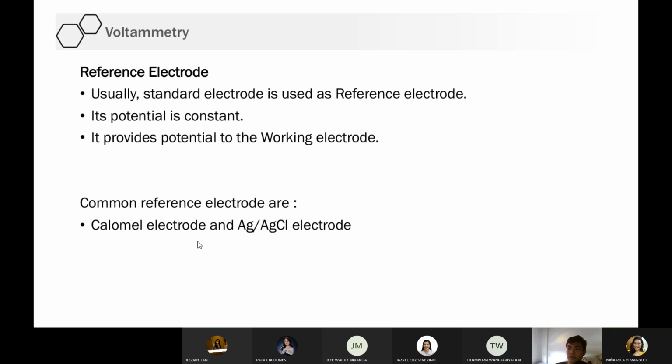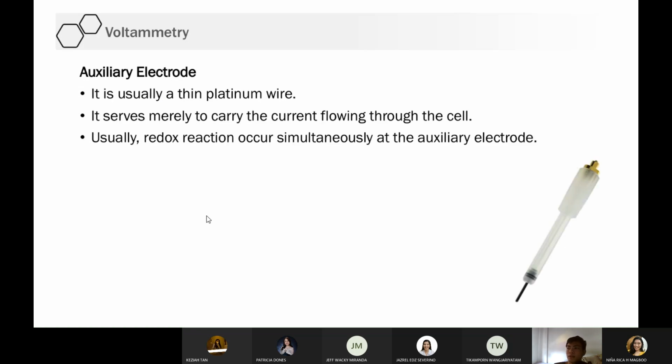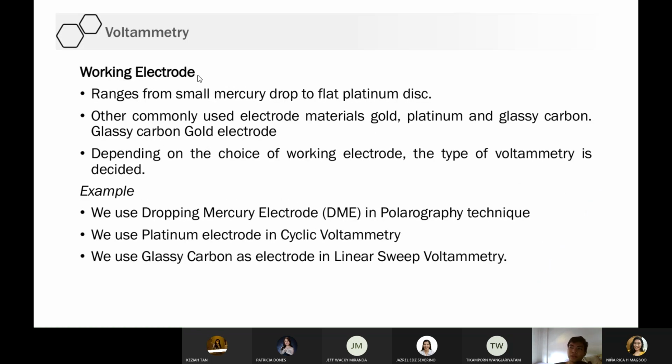So the common electrodes here are the calomel and the Ag/AgCl, which we know as the secondary reference electrodes in potentiometry. They are still used in voltammetry. Then the auxiliary electrode is just an electrode used to measure the current. And then the working electrode, this is the one that changes the voltage of the solution. Okay.